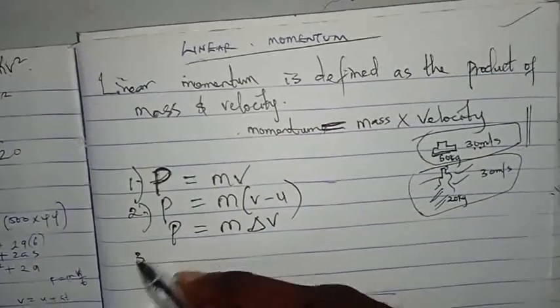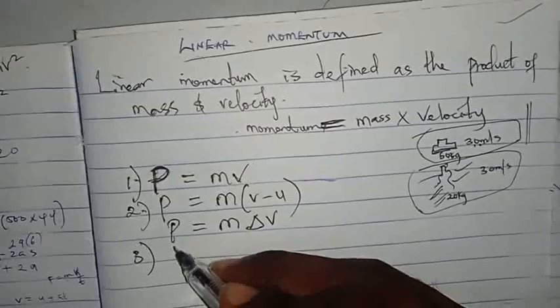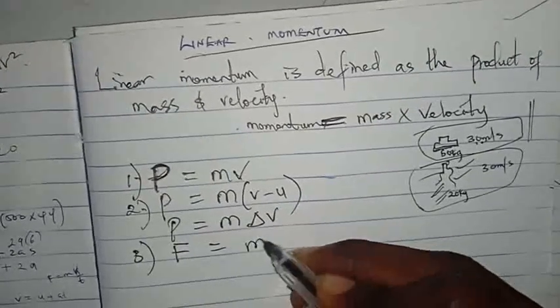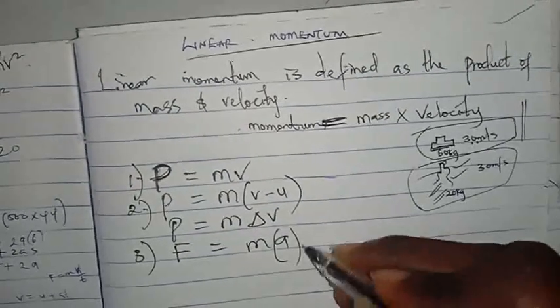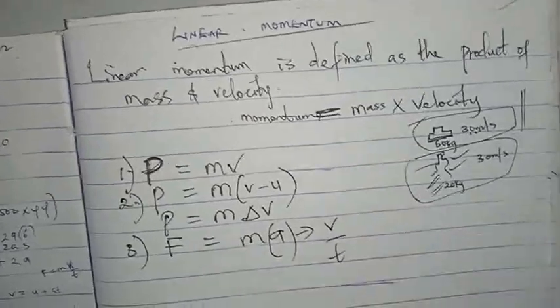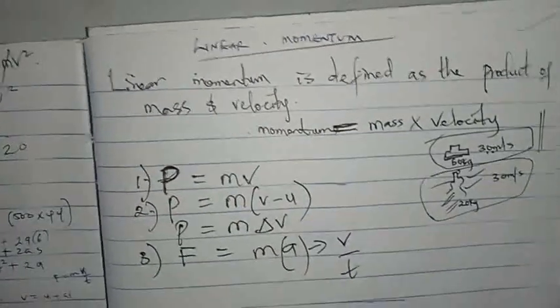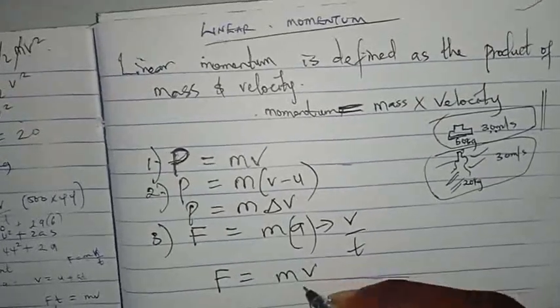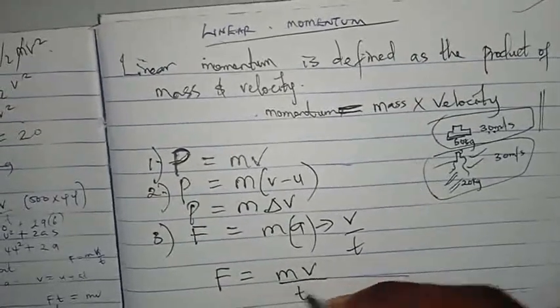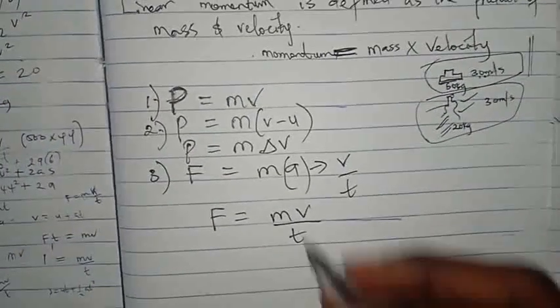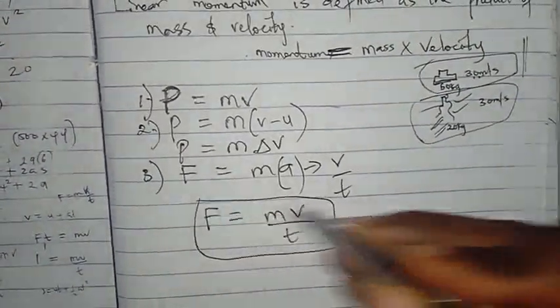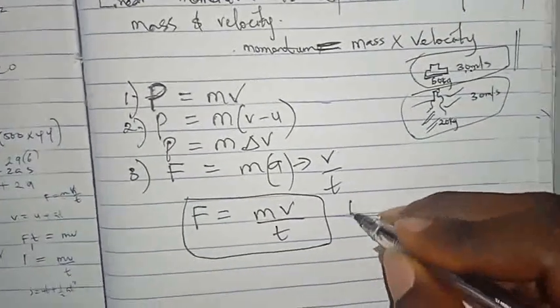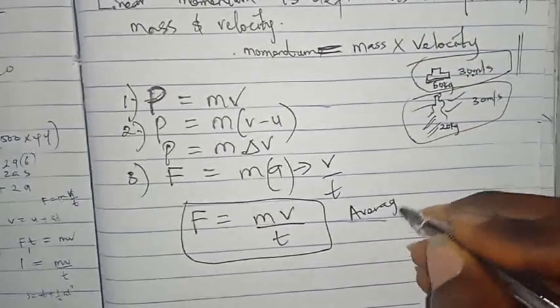Then the third thing you need to know is your ability to remember that force is equal to ma, and that inside this a we have v over t. Do you see it? So that means that force is equal to mv over t. And what you see right here is called average force.